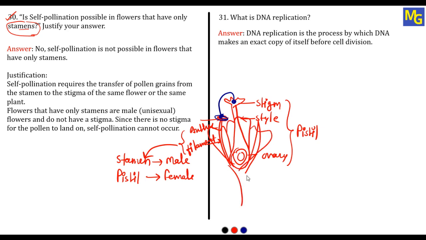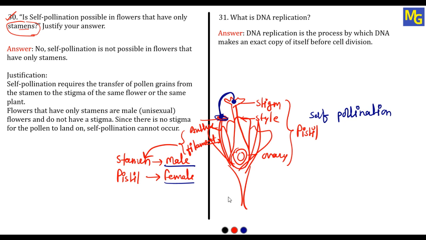So here what happens? The pollen grain from this anther will travel towards the stigma of the same flower. So here pollination takes place in the same flower. Such type of pollination is called as self-pollination. So remember, for self-pollination, male reproductive part and female reproductive part both should be present in a single flower.